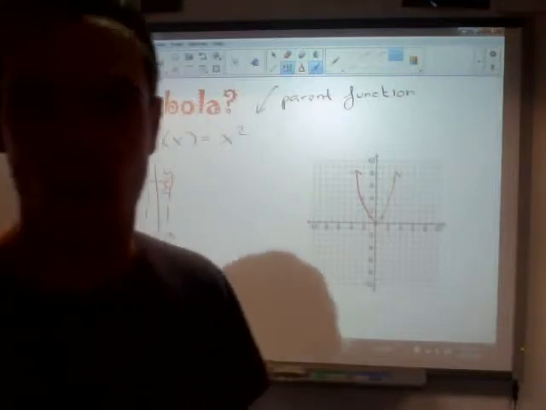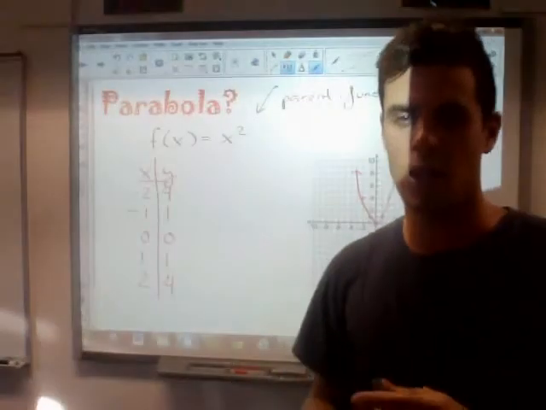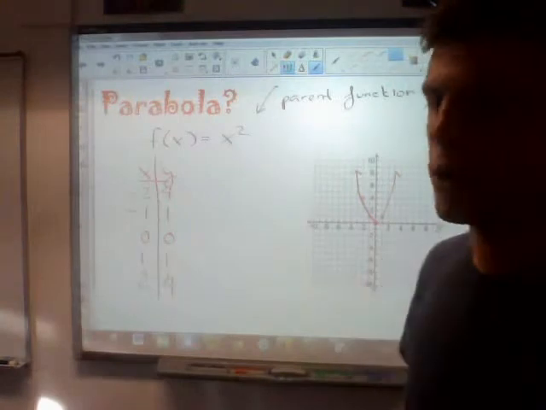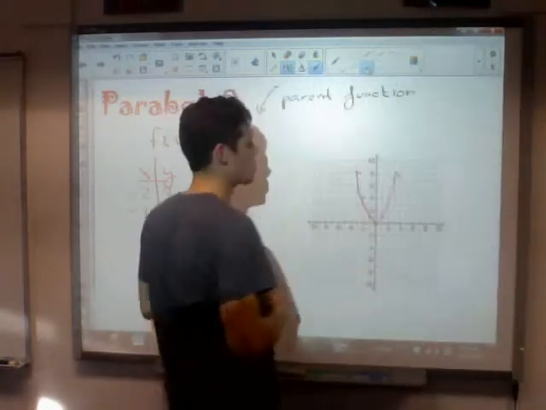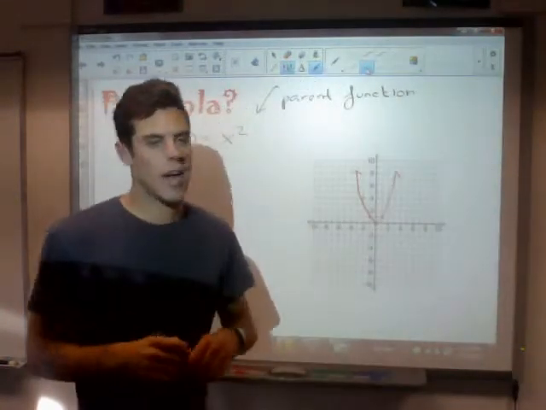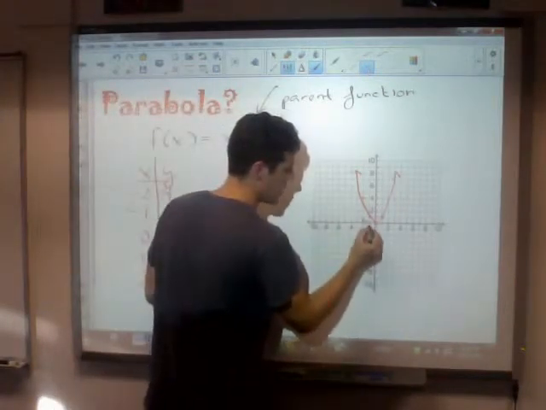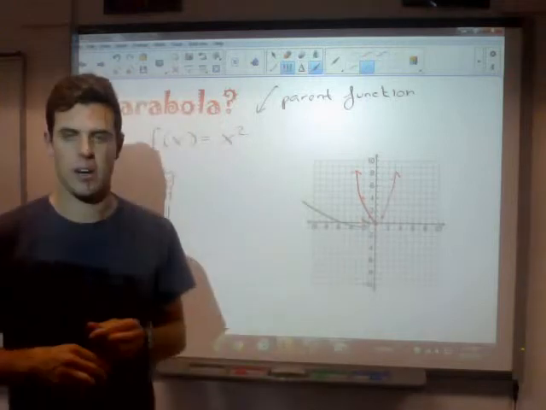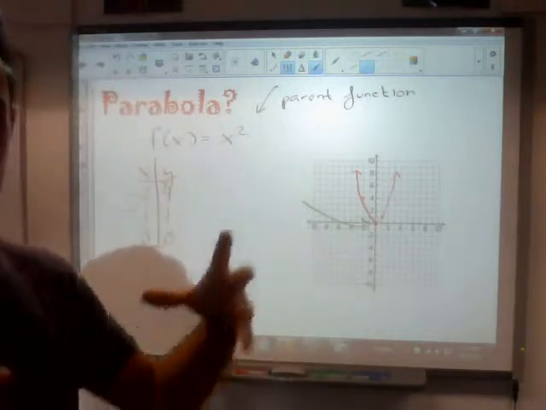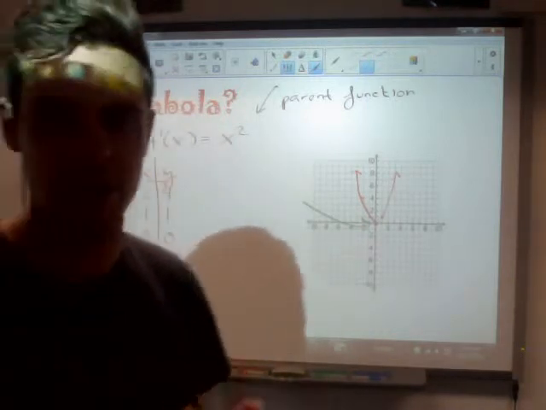Okay, so what are some of the traits of this function? Let's talk traits about it. Let's learn some words here. Traits of the y equals x squared function. Well, one of them is this value right here. It's the bottom. Okay, it's kind of the meeting point of my two lines where they stem from.